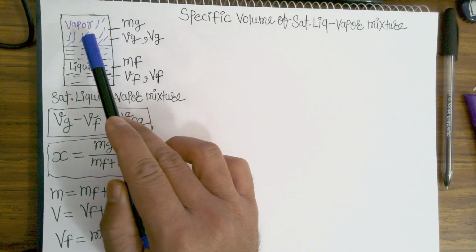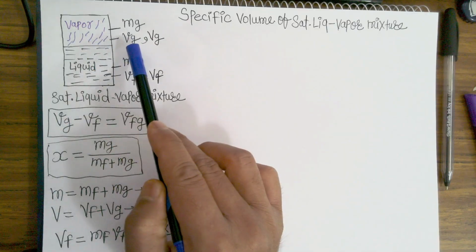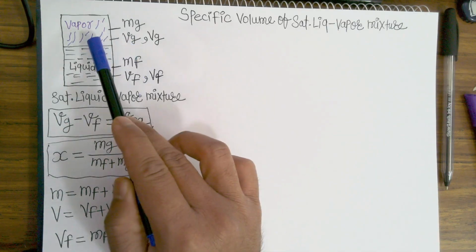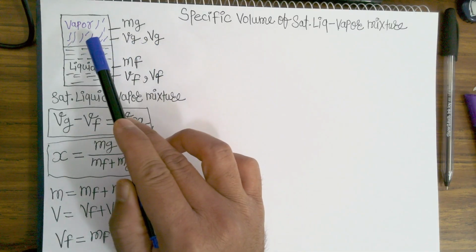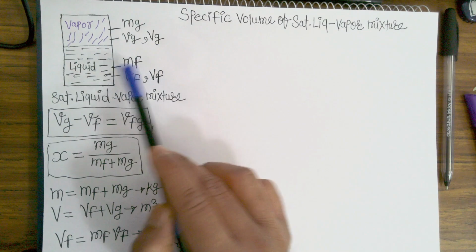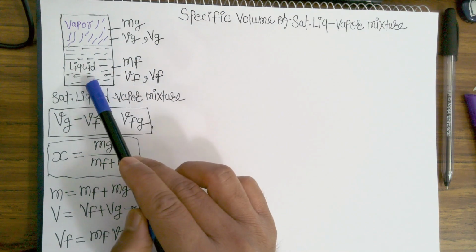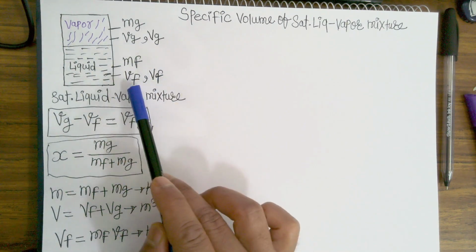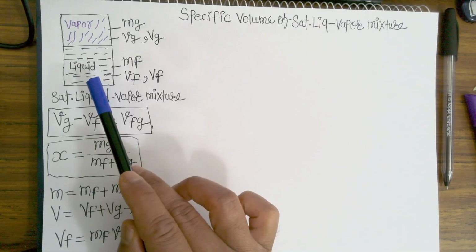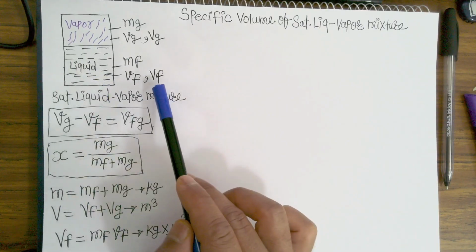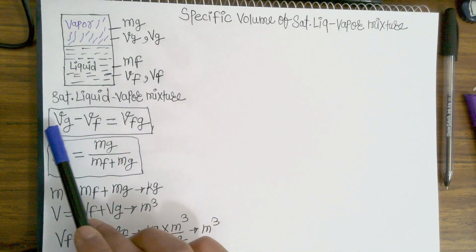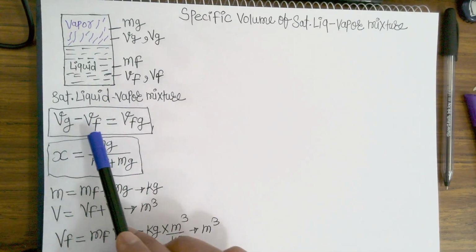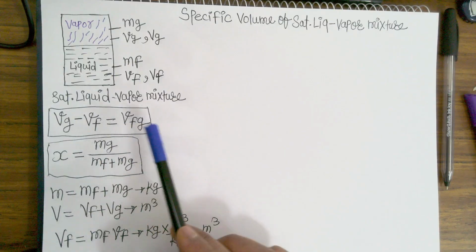Mg is the mass of vapor, small vg is the specific volume of vapor, and capital Vg is the volume of vapor. Mf is the mass of liquid, small vf is the specific volume of liquid, and capital Vf is the volume of liquid. So we already know that small vg minus small vf is equal to small vfg.